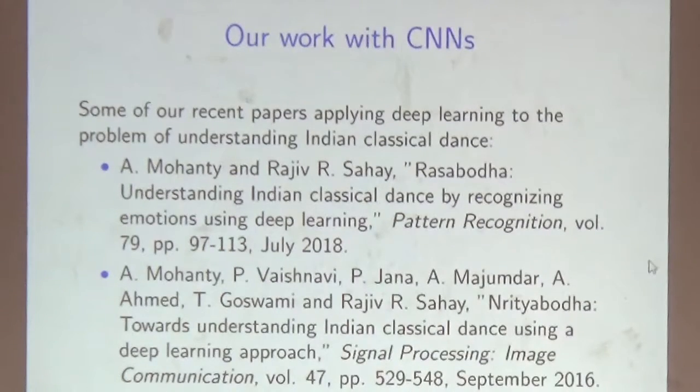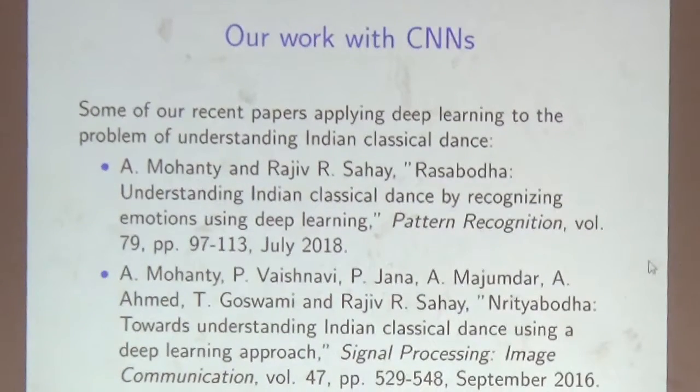We took things like: Indian dance is composed of hasta mudras, or static hand gestures, called asanyukta hasta mudra and sanyukta hasta mudra. Asanyukta is a single hand static gesture and sanyukta is a double hand static gesture.